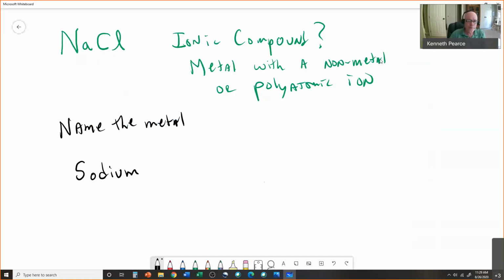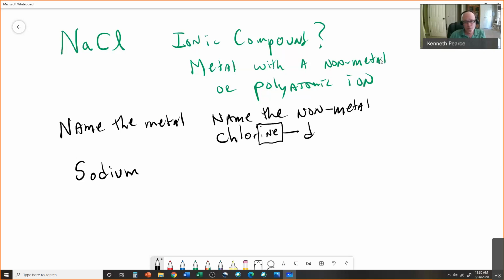The next thing we do is we name the nonmetal, and that is chlorine. Then we drop the ending and replace it with "ide." So this becomes chloride. The "ide" is used when it's just the atom.